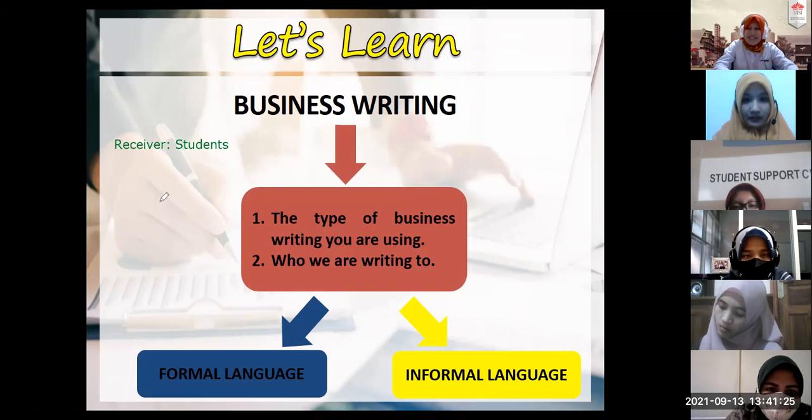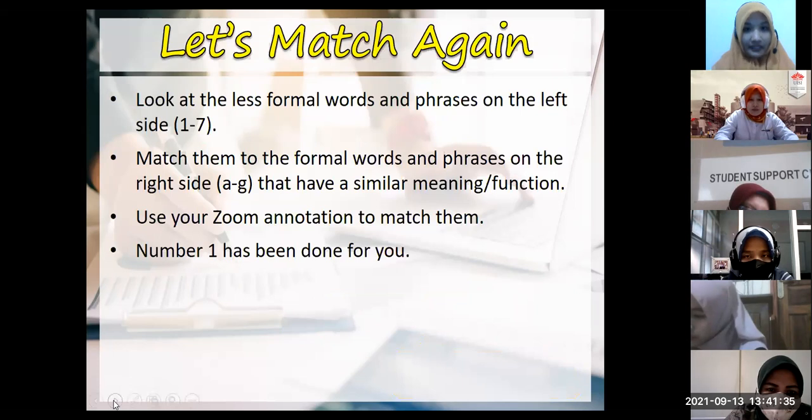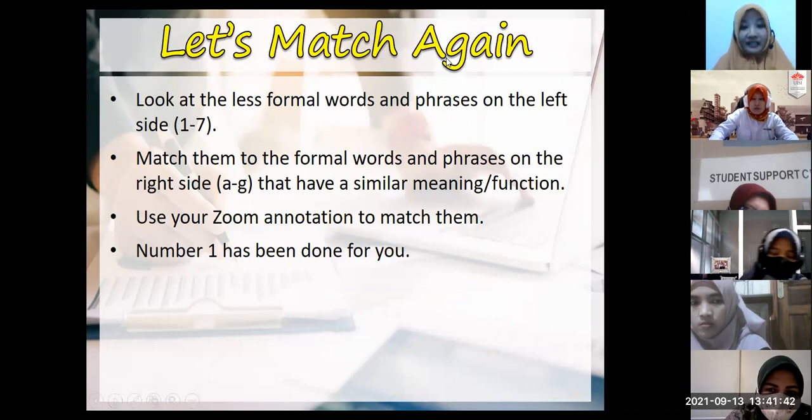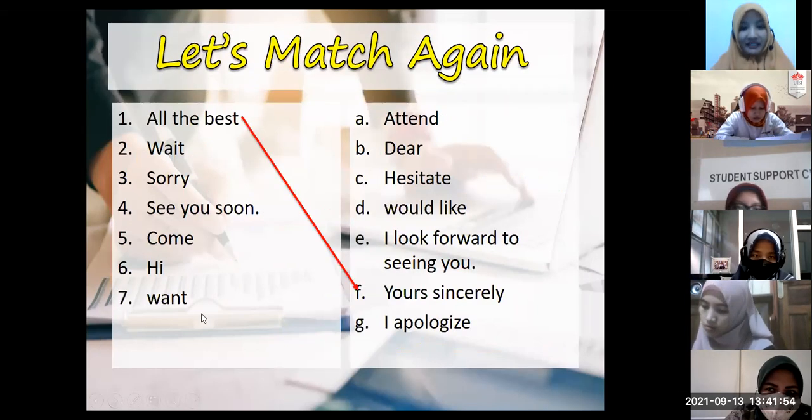Let's continue. I will clear them all. Okay. Yeah, before we talk about formal language and informal language, now I want you to see your book again, okay? You have it there, but I will write it in my share screen here.